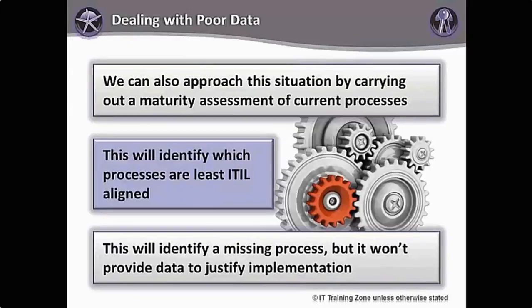Another way to approach this situation is to undertake a process maturity assessment of current processes. This will identify which processes are least ITIL compliant or aligned. This will identify the absence of processes or supporting data. It won't, however, provide the data to justify implementing the process.